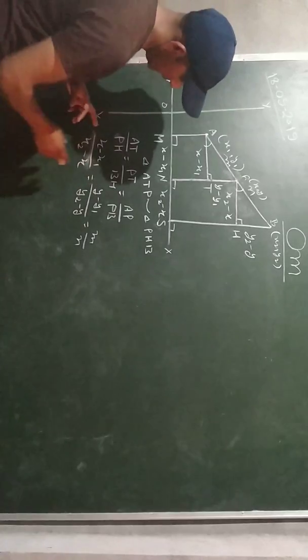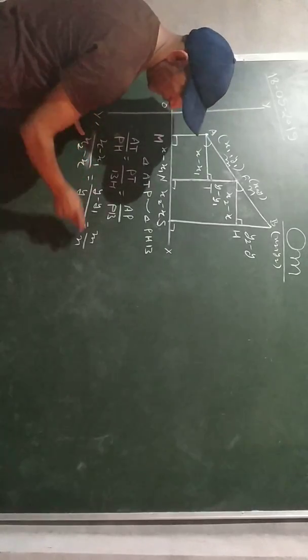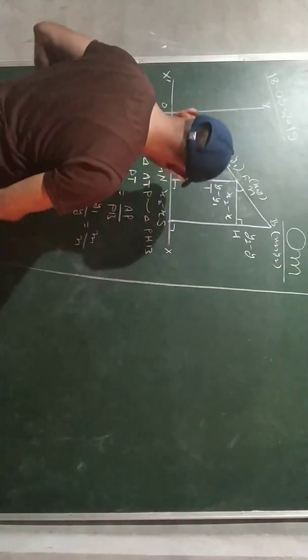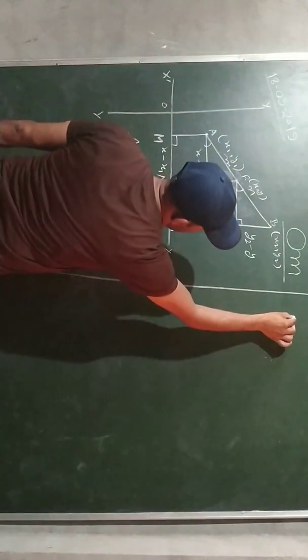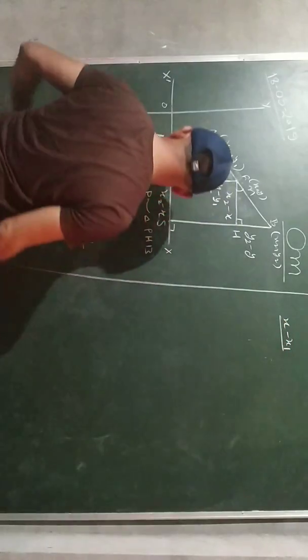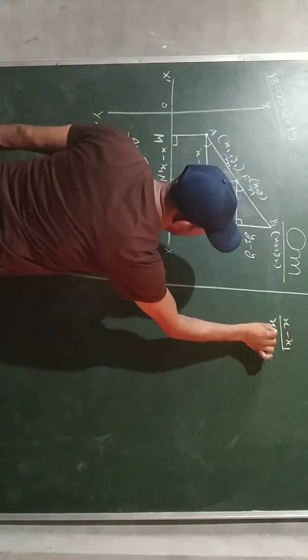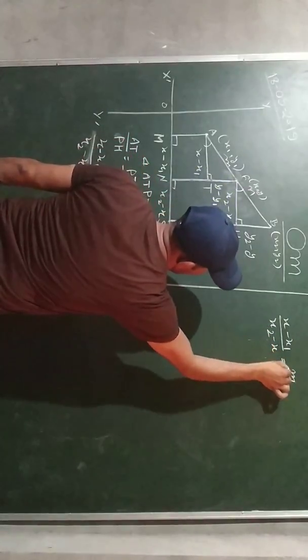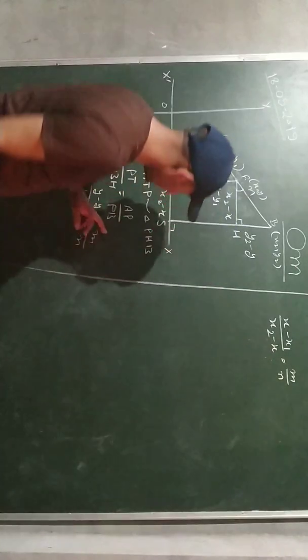Now let me take the first and last. That is x minus x1 upon x2 minus x is equal to m upon n.